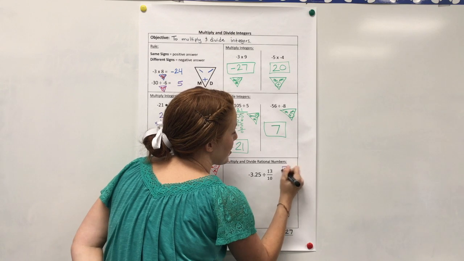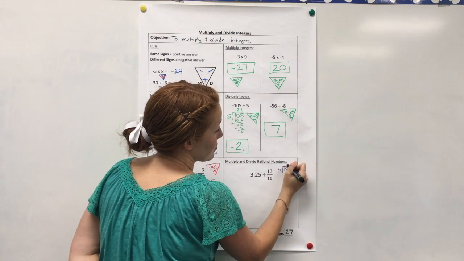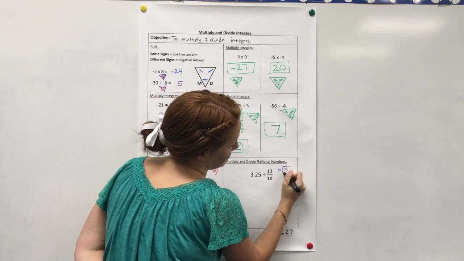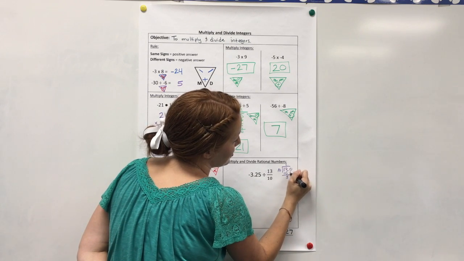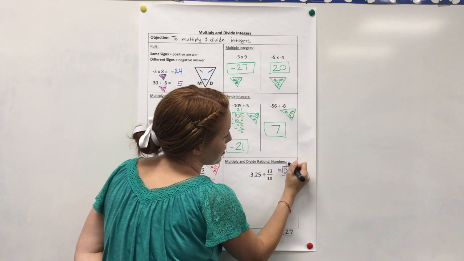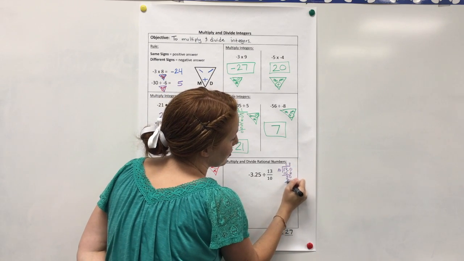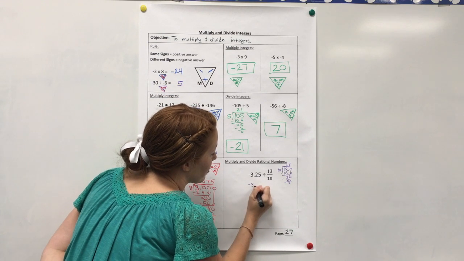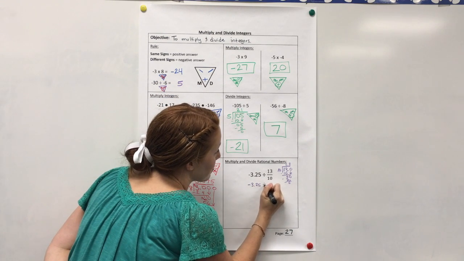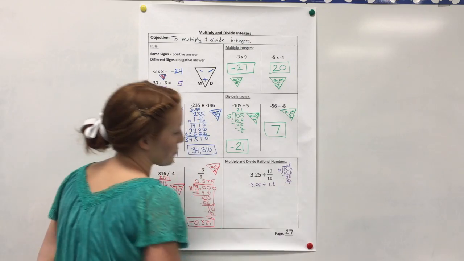So 13 divided by 10, that goes in once. Put a decimal and a 0. 10 goes into 30 3 times. So this is also the same as negative 3.25 divided by 1.3.